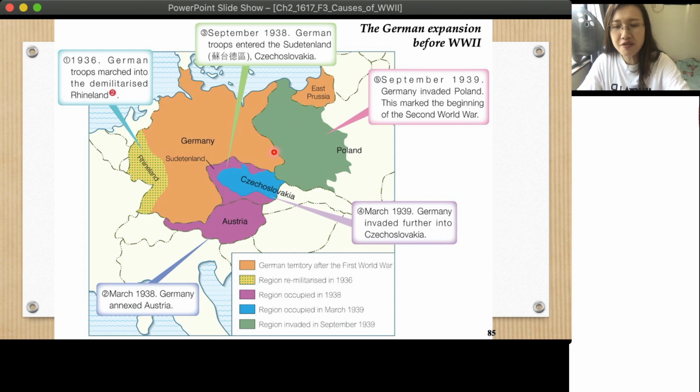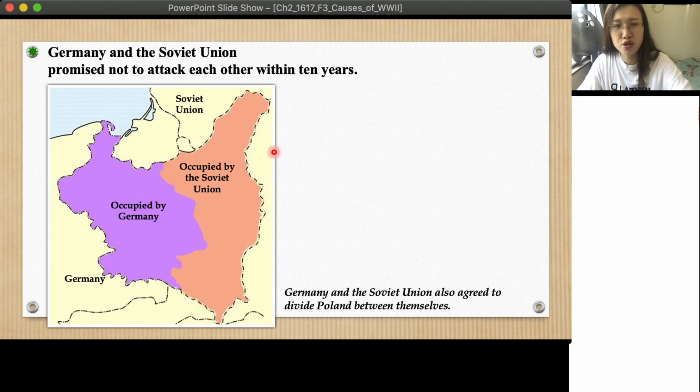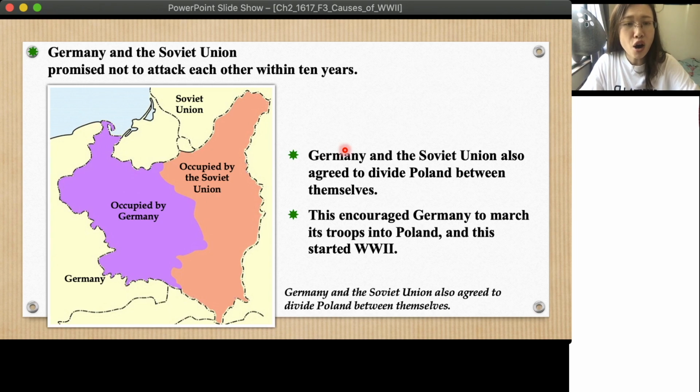But when Stalin approached him and told him to sign this kind of treaty, where they could divide Poland together, of course it was the best deal for Hitler. On one hand, the mainland could now connect to East Prussia. Secondly, they could have a large part of Poland, right? So this actually encouraged Germany to march its troops into Poland.